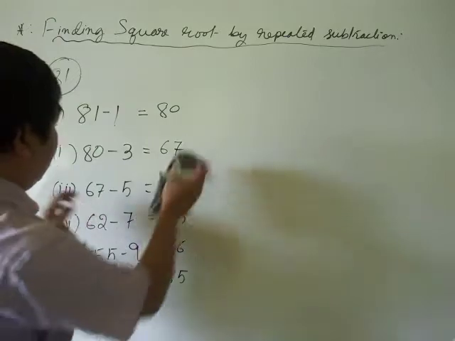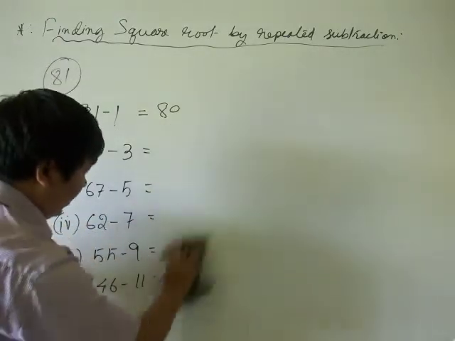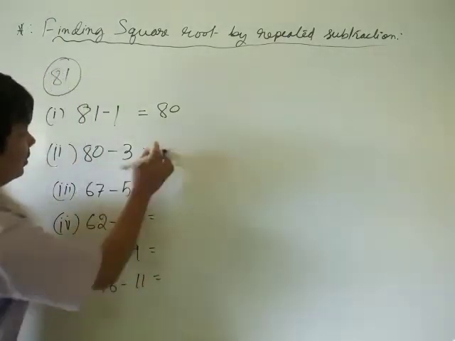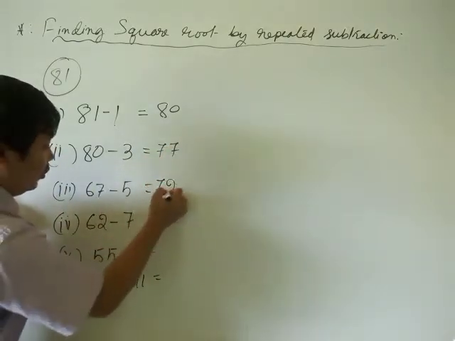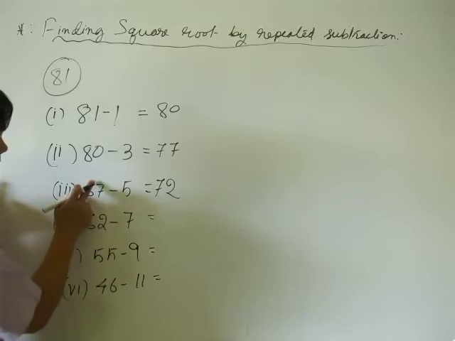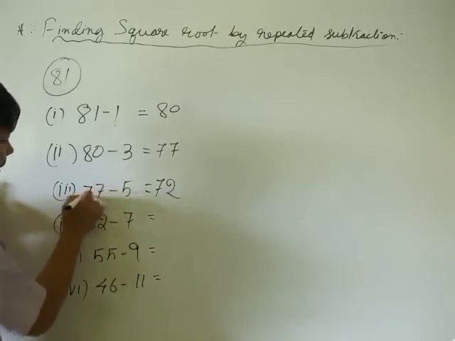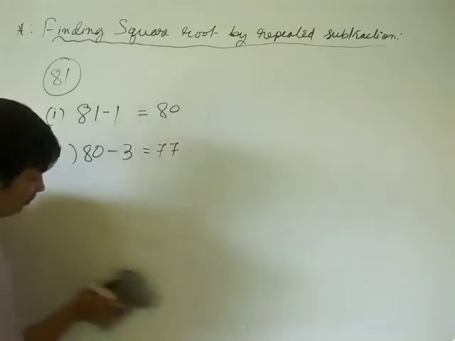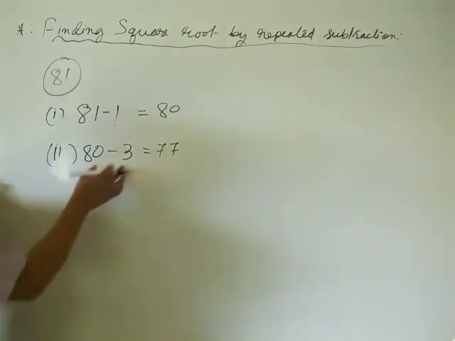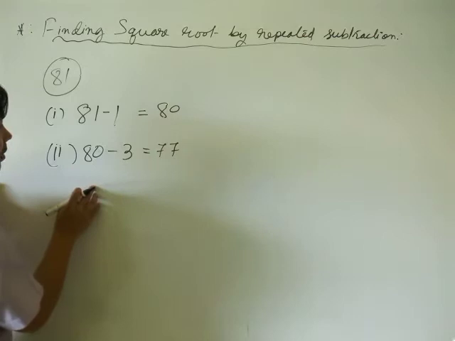Just one minute, I guess. Then here's something, look here. Not 67, it is 77. Here it is 72. This is not 67, it is 77. So then let us start from the beginning. Now yes, we got here 77.